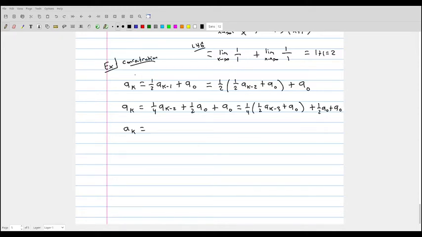So I'm just plugging in here that a_{k-2} is the same thing as 1/2 a_{k-3} plus a_0. This gives us that a_k is equal to 1/8 times a_{k-3}, plus 1/4 times a_0, plus 1/2 times a_0, plus a_0.